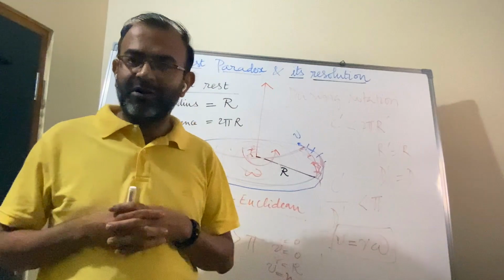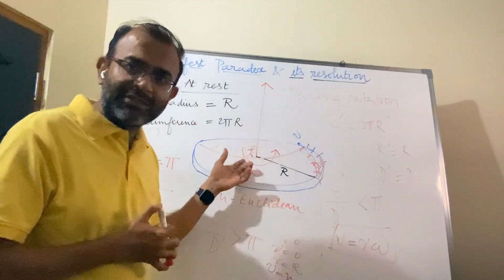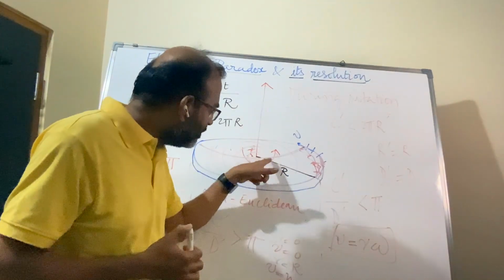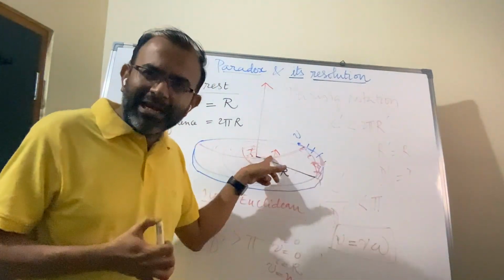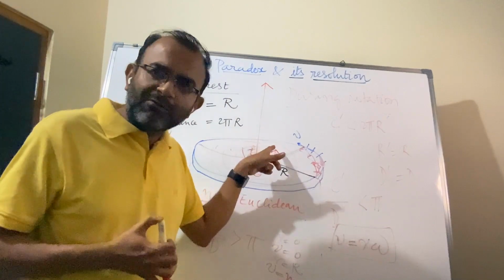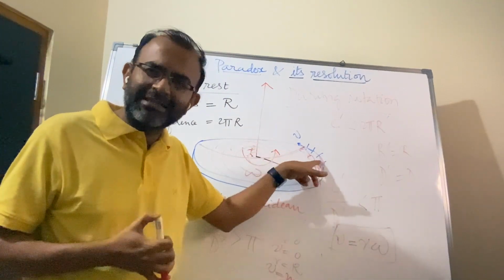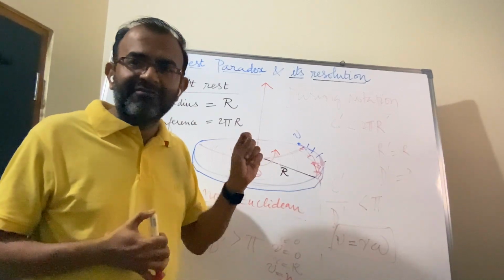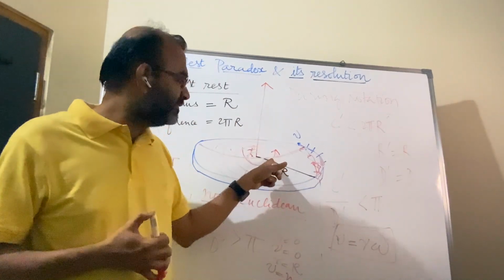Understand a lot of important issues regarding such an object. A rotating disk has different velocities at different points. So any clocks carried by different observers on this disk would have different time dilations.